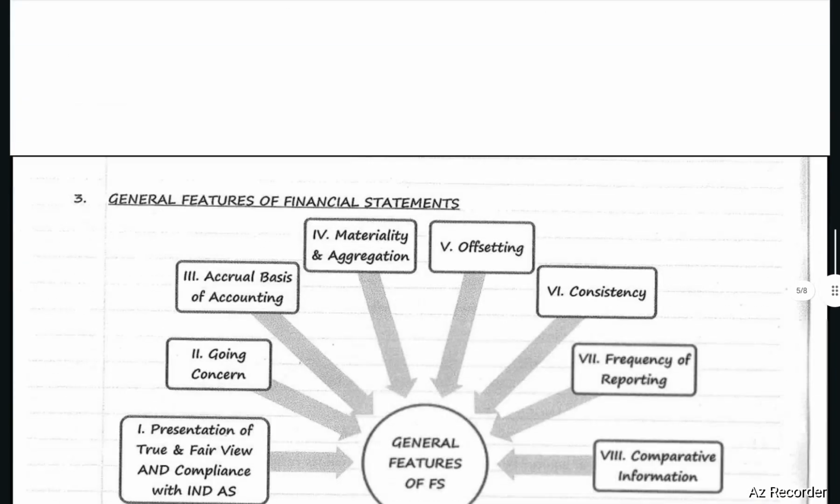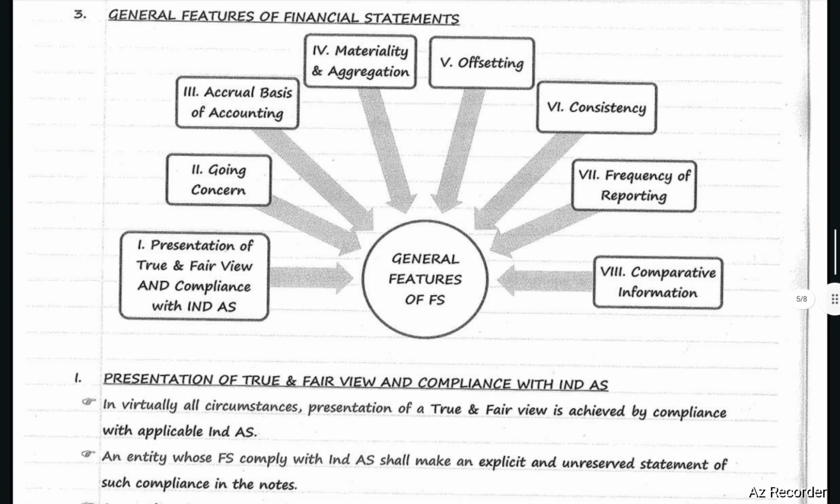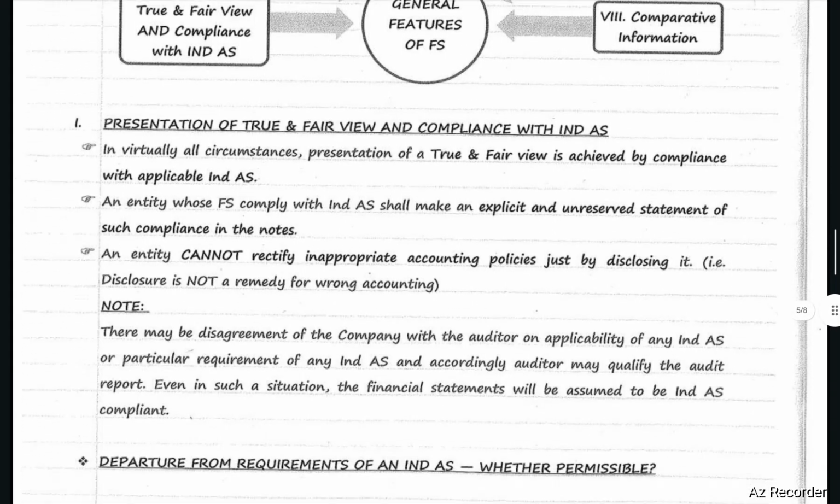Next, what are the general features of financial statements? General features of financial statements: presentation of true and fair view and compliance with Ind AS, going concern, accrual basis of accounting, materiality and aggregation, offsetting, consistency, frequency of reporting, comparative information. First one, presentation of true and fair view and compliance with Ind AS.